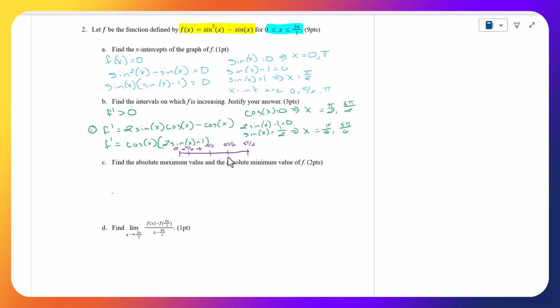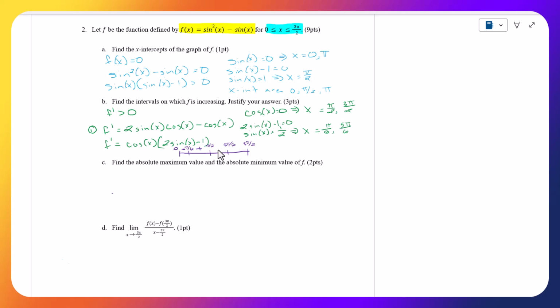Then from pi over 2 to 5 pi over 6, what's an easy one to choose here? Well, I can just choose the next one over. So we did pi over 3 here. 2 pi over 6. So that would be 2 pi over 3 here.